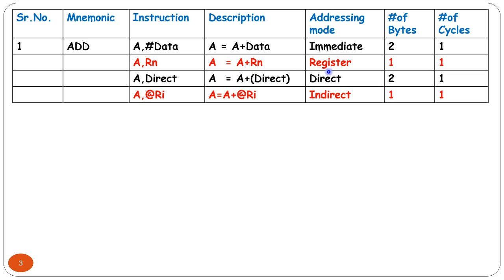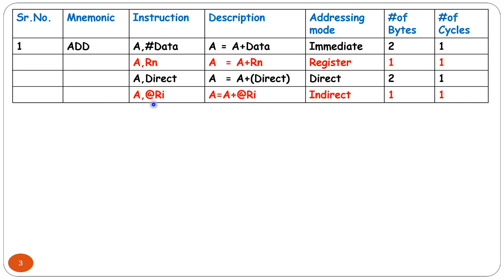This type of addressing mode is register addressing. ADD A, direct: the direct byte gives the address of random access memory. That content is added to the accumulator register and the result is stored in the accumulator register. So this is the direct addressing instruction.